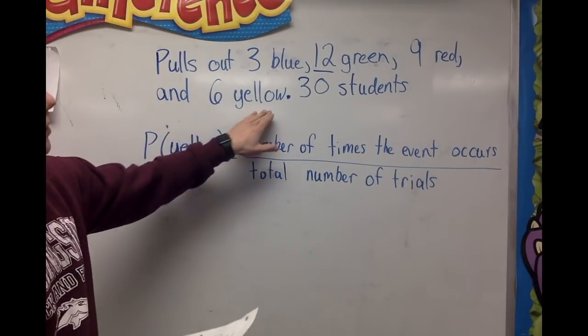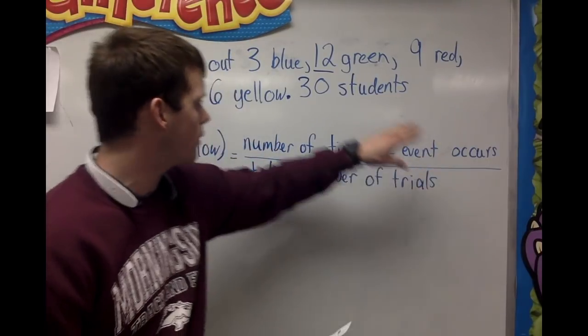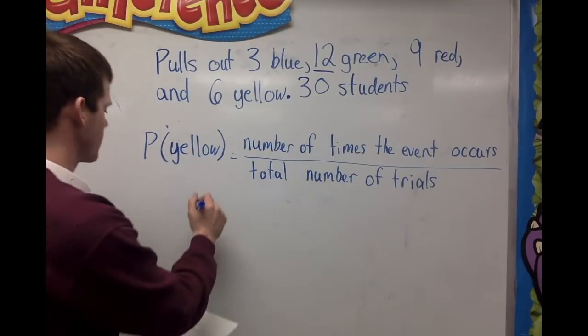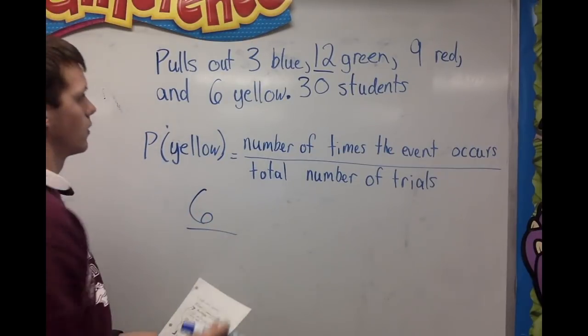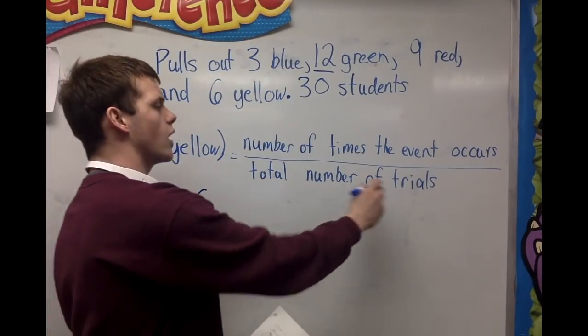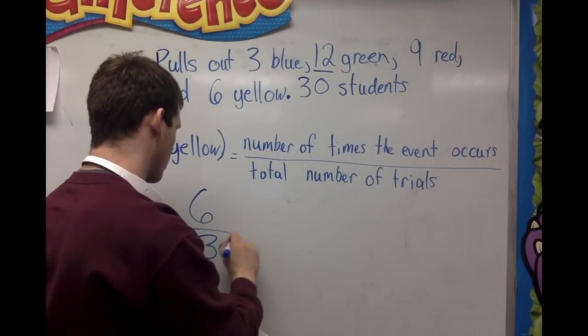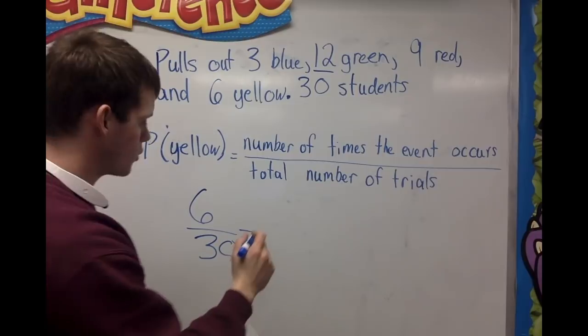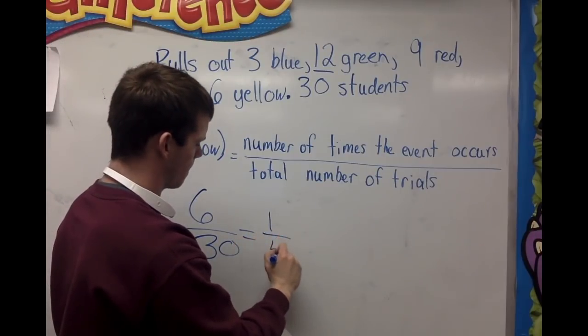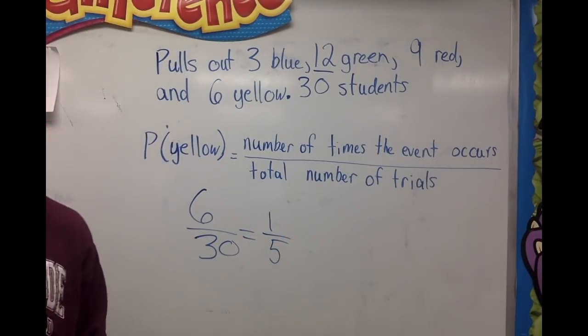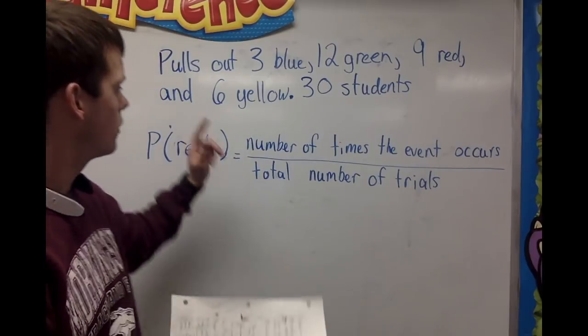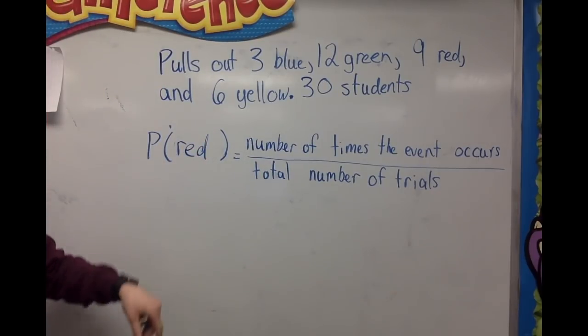Next, let's go with yellow. So we ask ourselves, how many is the number of times the event occurred? 6 times. How many total number of tries? 30 students, 30 marbles, which then reduces down to 1/5. Next, let's do red marbles.